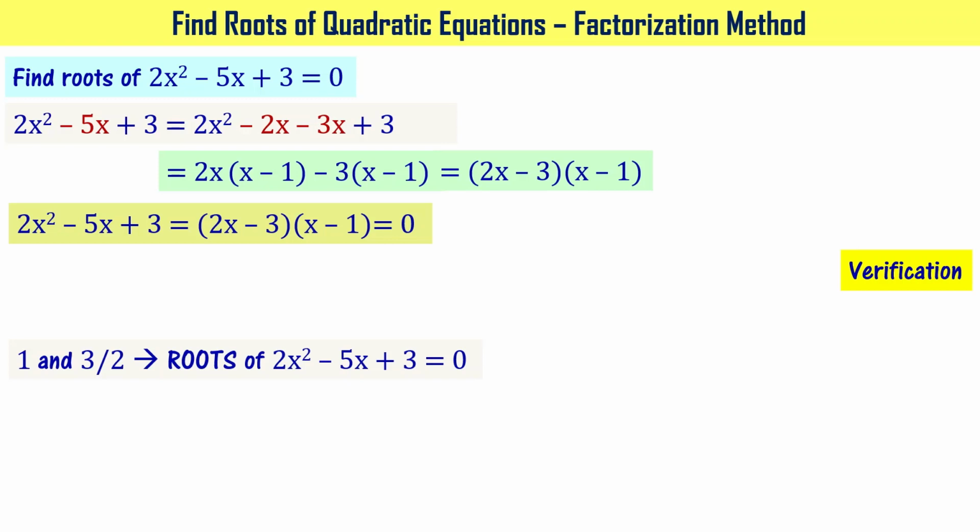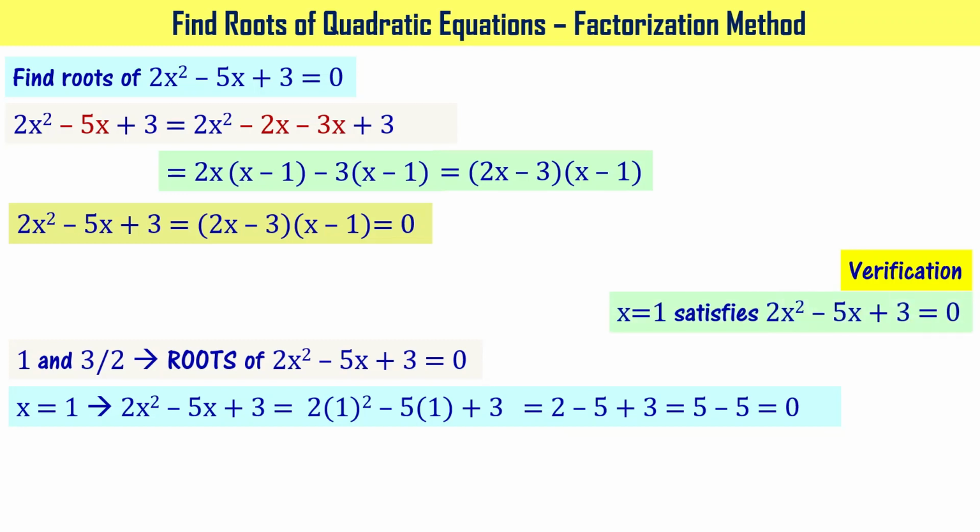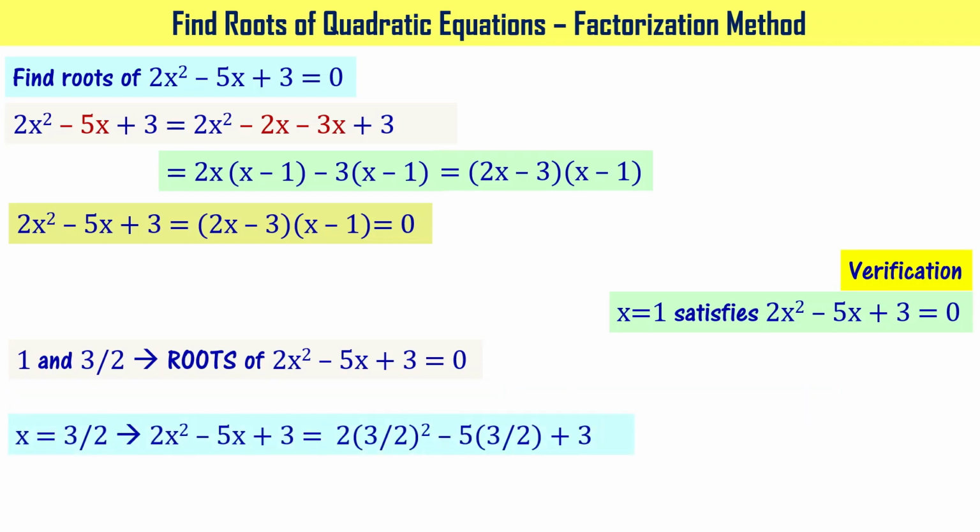Let's do that now. When x equal to 1, 2x square minus 5x plus 3 can be written as 2 times 1 square minus 5 times 1 plus 3. When you simplify it, you get the answer as 0. It means that x equal to 1 is satisfying 2x square minus 5x plus 3 equal to 0, right? Similarly, when you do that for x equal to 3 by 2, the answer you get is 0.